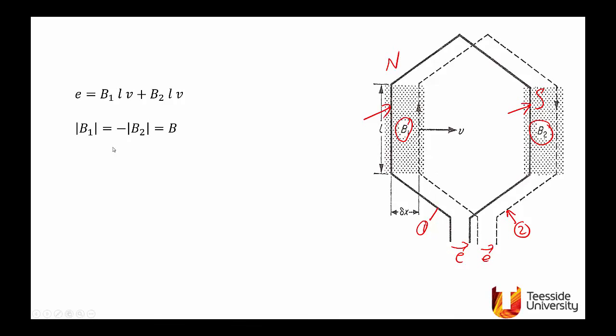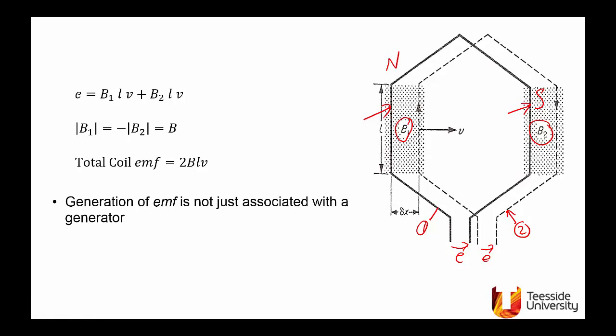So B1 equals minus B2 in magnitude, equals B. Substituting in this equation, the total EMF in the coil will be 2BLV. So although the EMF direction is reversed because of the reversal of the flux, when they add up, if you have EMF on this side acting like that, and EMF on that side acting like that, around the coil they add up to 2BLV.